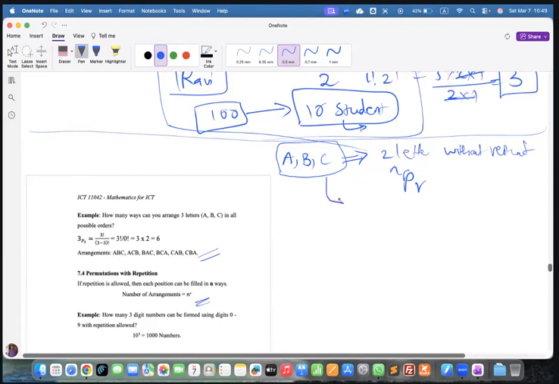In the same scenario, you have three letters and you need to make two-letter words with repetition, repeating the same letter again, n to the power r, right?